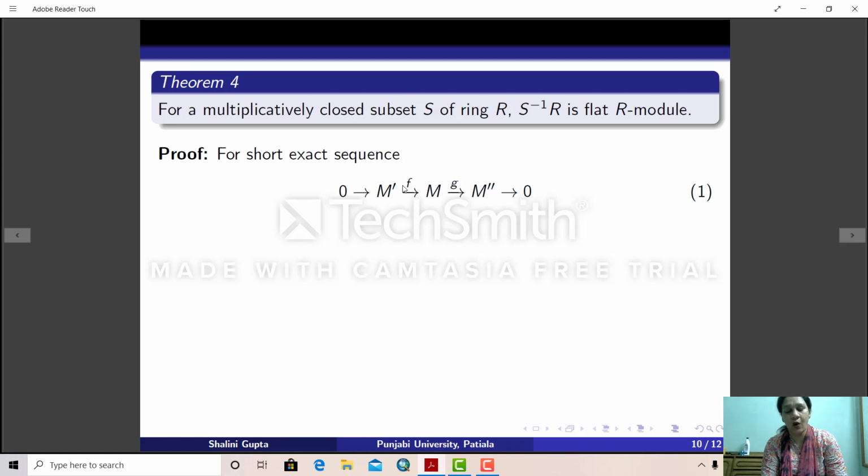Now, we have proved in the previous lecture that if we apply S inverse to this sequence, the resulting sequence will also be short exact. That is, 0 to S inverse M dash to S inverse M to S inverse M double dash to 0 is also exact.